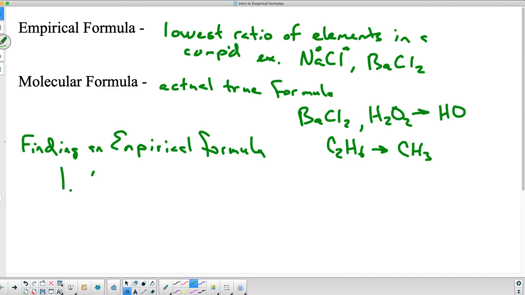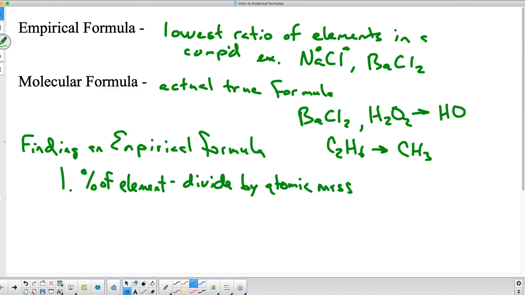Now it can be percents of elements in the compound, and you're going to divide. So our step number 1 is the percent of the element. You are going to divide by the element's atomic mass. So you will need a periodic table for this. Okay, that's our first step, and that's going to be in green.